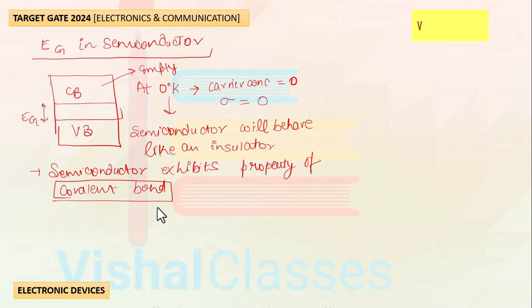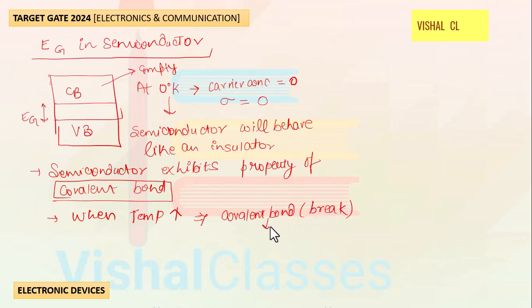One more bond is ionic bond, which is basically transfer of electron. Covalent bonding is exhibited by semiconductor. When temperature increases, these covalent bonds will break.